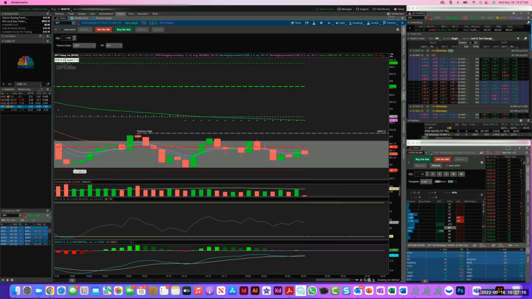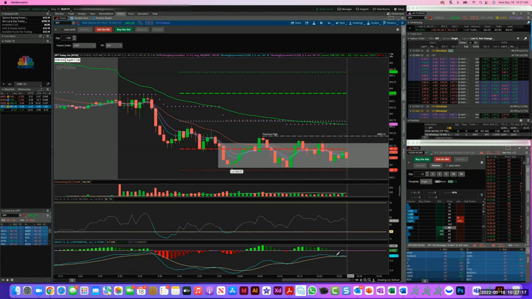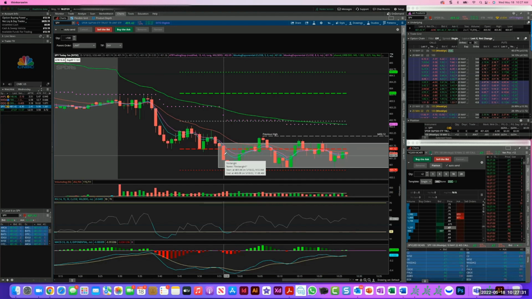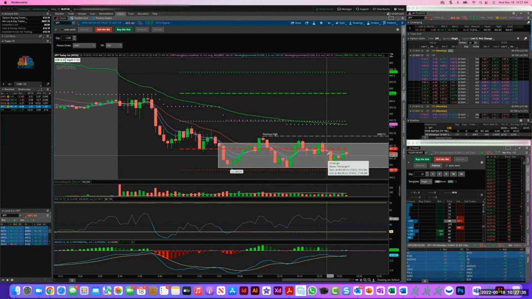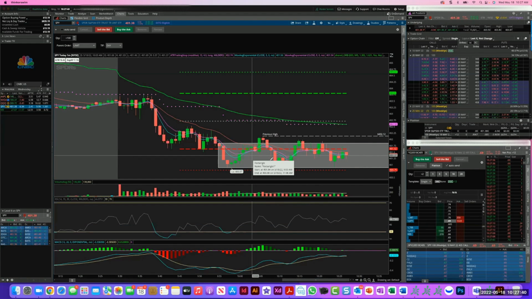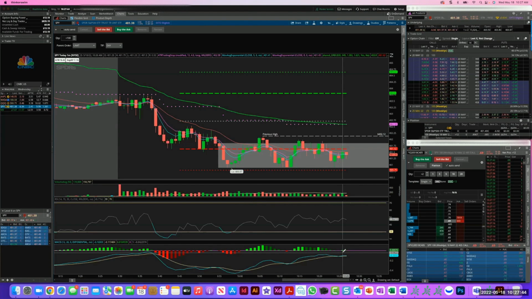But if we look at this again, we're stuck in a consolidation is where we are. But I view this as the SPY is being accumulated here. That it's being bought here. And at some point, it's going to move off this bottom.